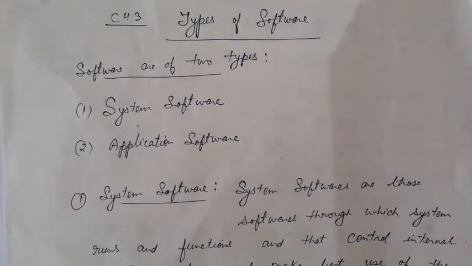But this is not actually the perfect answer. This can be an answer, okay, but the accurate, logical answer is that we need to install software so that we, as users, can communicate with the hardware of the system.